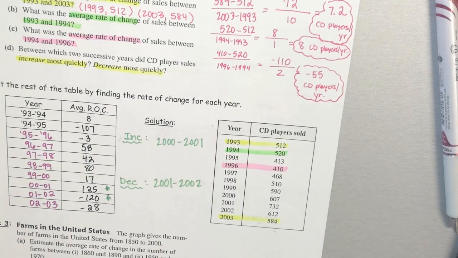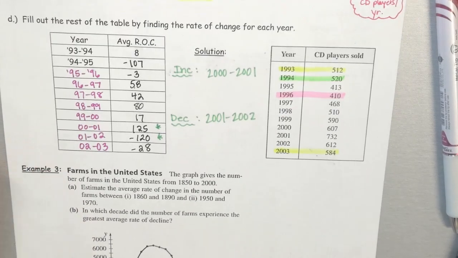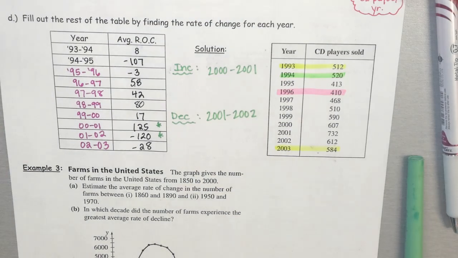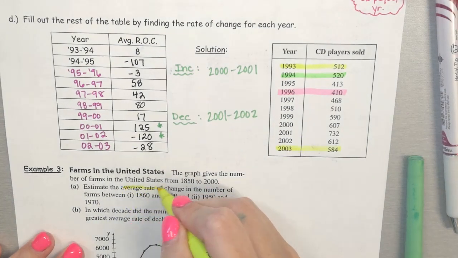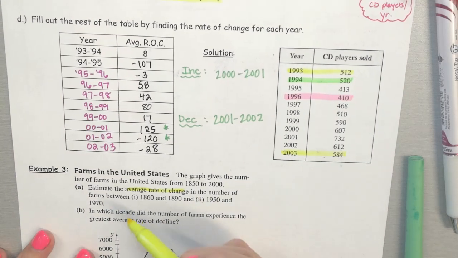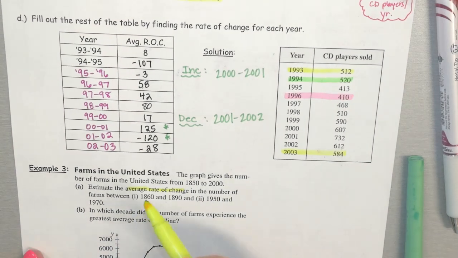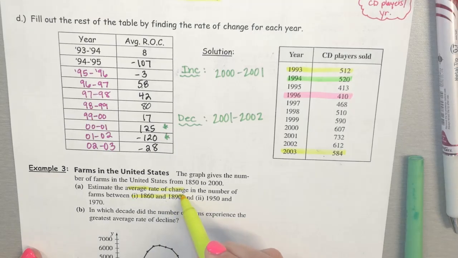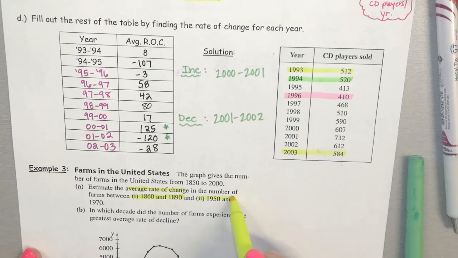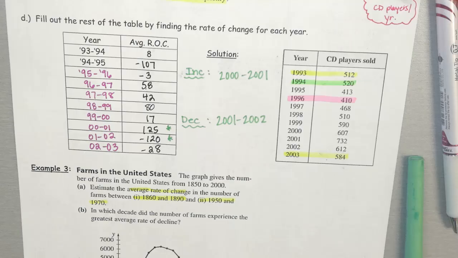All right, now we're going to move on to farms in the United States. This graph gives the number of farms in the U.S. from 1850 to 2000. We're going to estimate the average rate of change in the number of farms between 1860 and 1890, and 1950 and 1970.